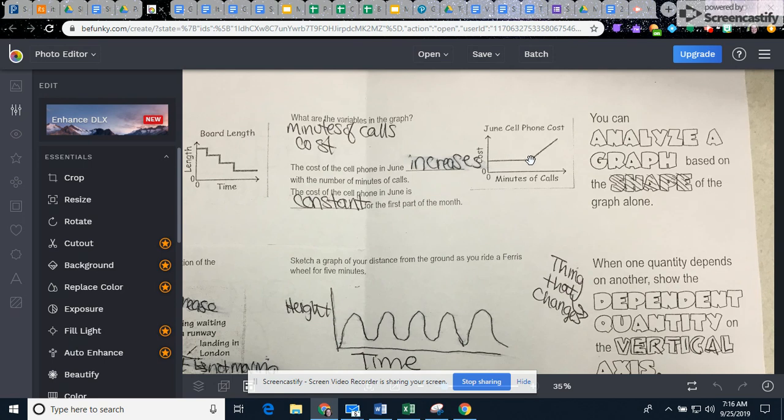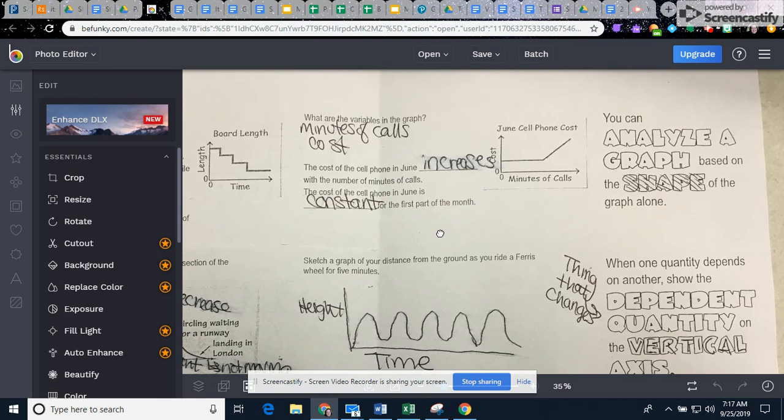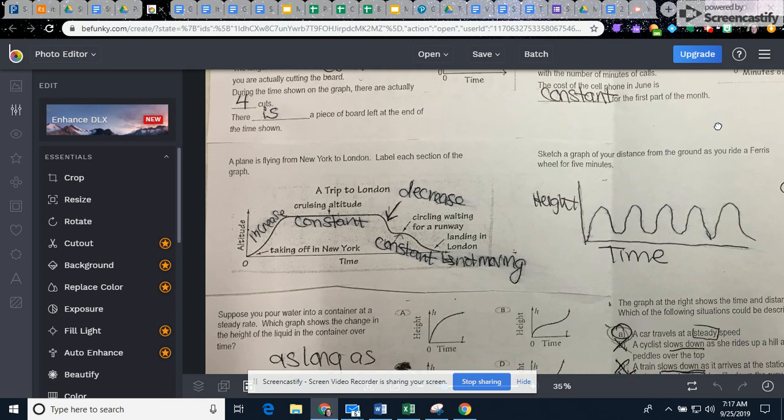But then when you get here, again, that would mean that you are using more minutes than you had in your original package. So a little note is that you can analyze a graph based on the shape of the graph alone. And that is going to be the piece that you are going to need to be able to apply this to your reflection for this project.